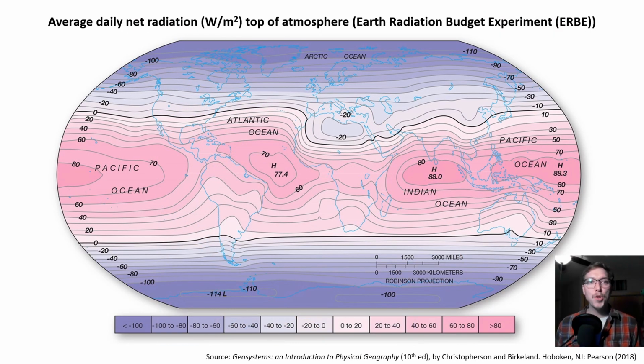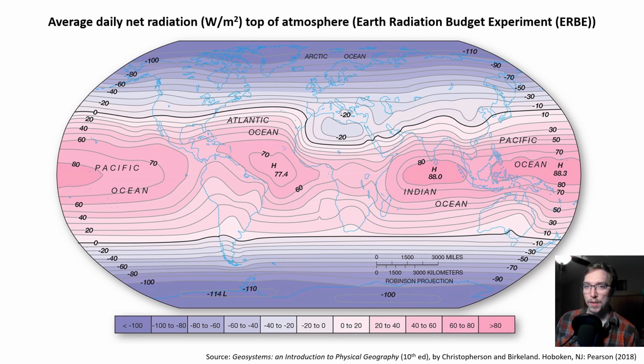The average net daily radiation at the top of the atmosphere can be seen here, and this shows some of the nuances a lot more directly. Here we've got average daily net radiation in watts per meter squared, reflected as the colors and contour lines throughout our world.